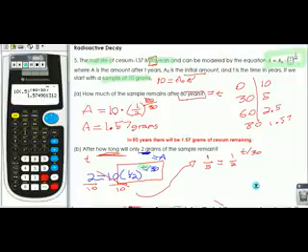Again, to get to my t, which is up here in the exponent position, I have to use the inverse of exponents. So the inverse of exponentials is logs. I'm going to get rid of the base of 1/2. So I'm going to go log base 1/2 of 1/2. Those will cancel and leave me just the exponent.